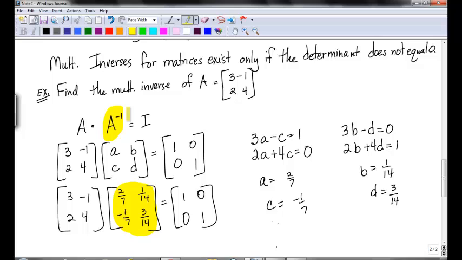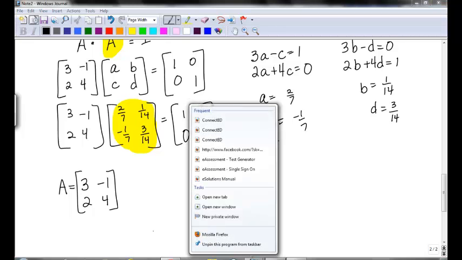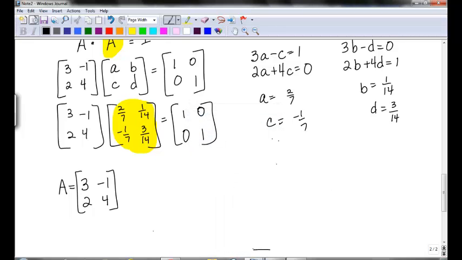Shortcut. And you can work it by the shortcut. Here we go. If I gave you the same matrix A, 3, -1, 2, 4, and I want the multiplicative inverse. A inverse, and multiplicative inverse you write with the exponent -1.